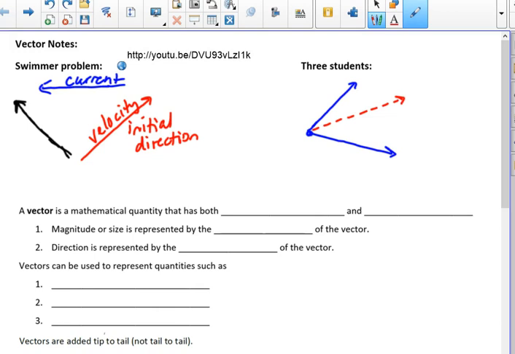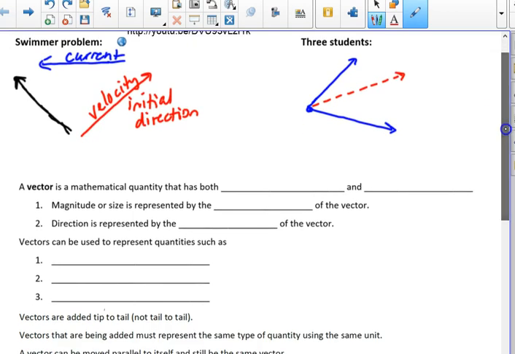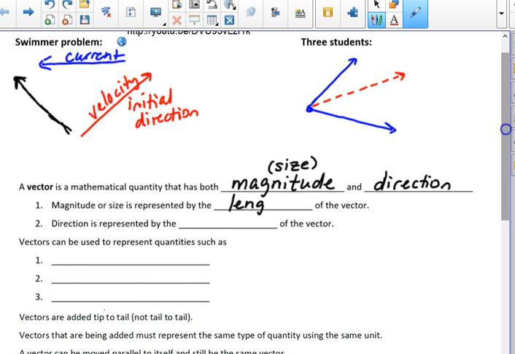So let's just define what a vector is, and then we'll do a couple of problems related to these 2 examples. A vector is a mathematical quantity that has both magnitude and direction. Magnitude is just another word for size. The magnitude or the size is represented by the length of the vector.